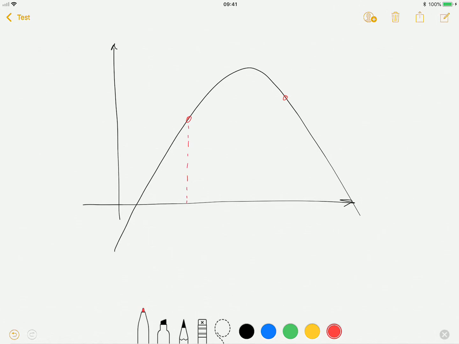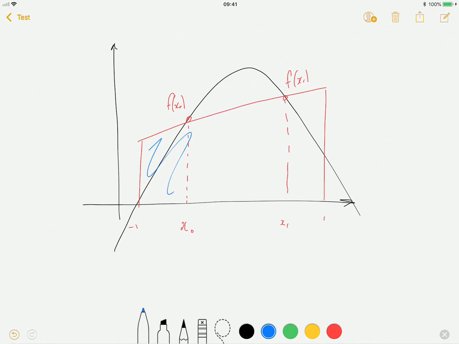Let's call this x0 and x1 at some function value f of x1 and f of x0, such that a linear straight line would be able to be drawn between them over an interval from -1 to 1 to balance the positive and negative errors.